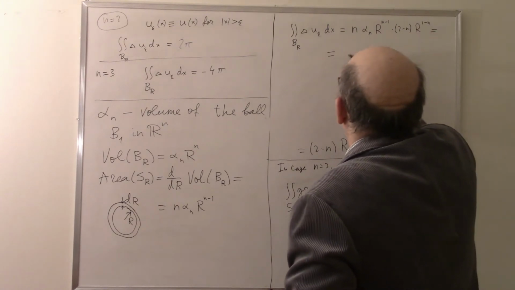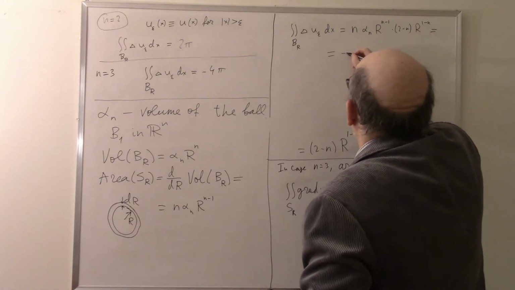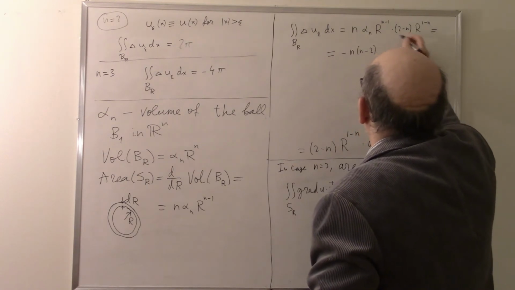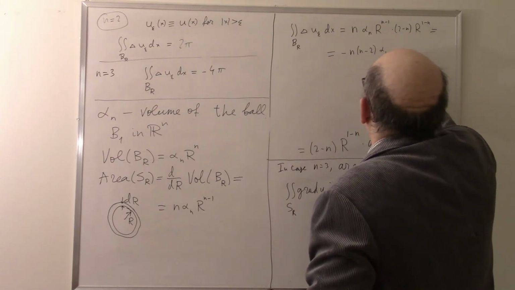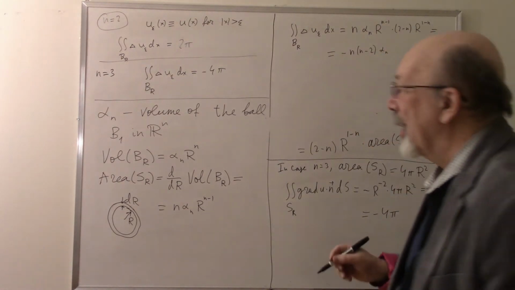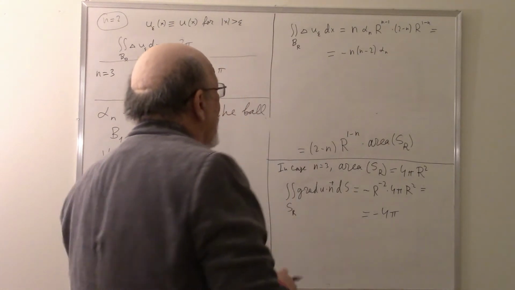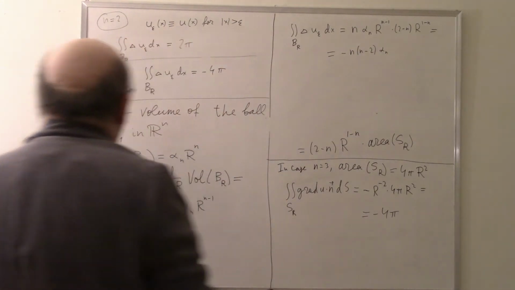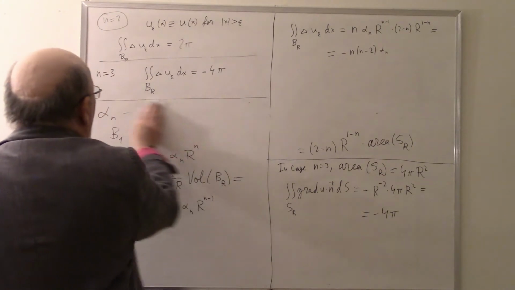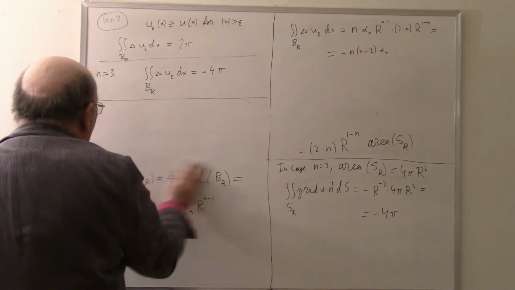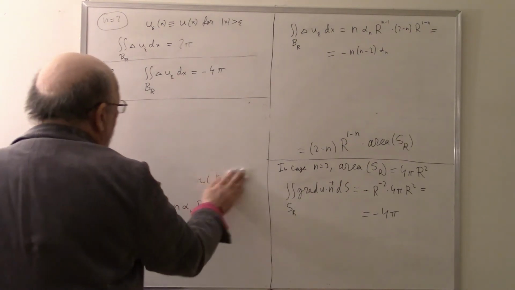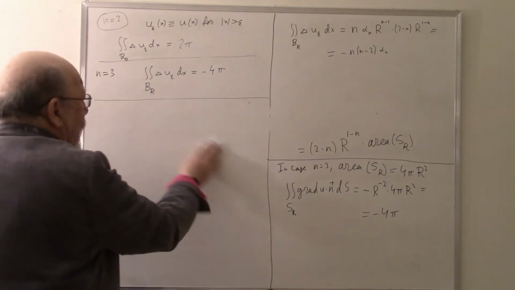It is equal to −(n−2) n α_n. That's it. This is what was our goal. And this is the hint how you can normalize this function.